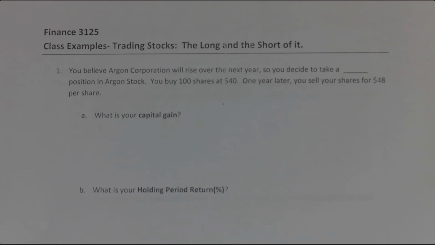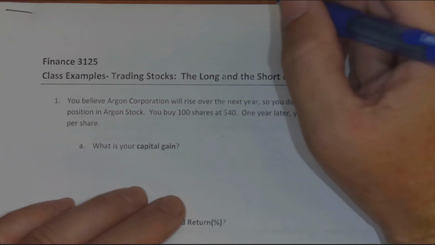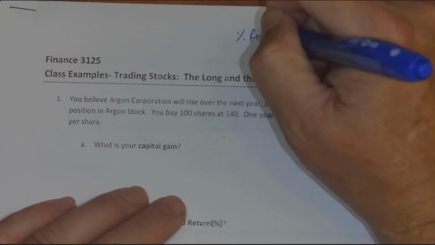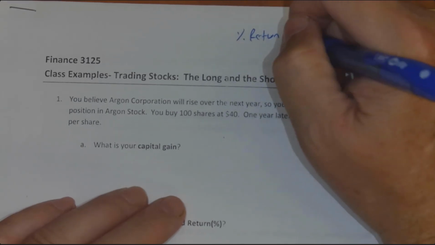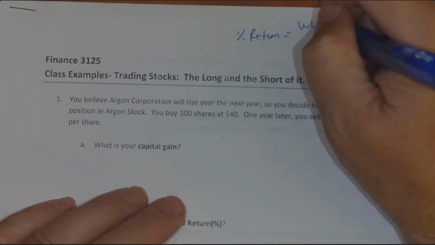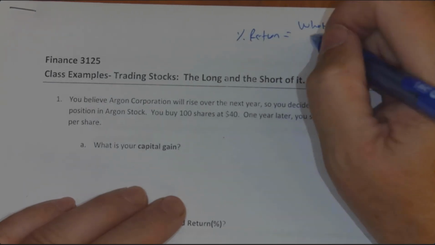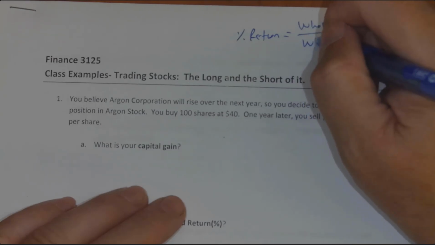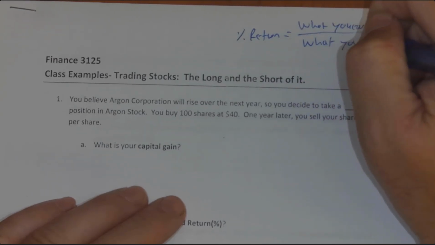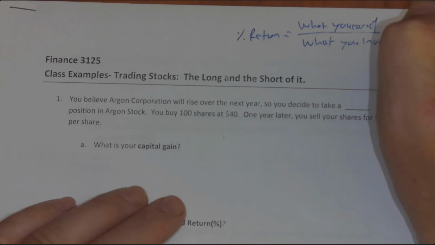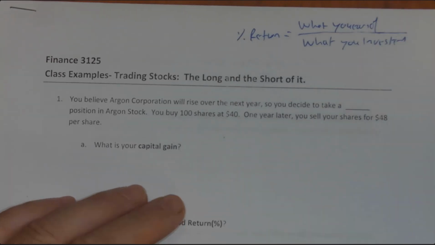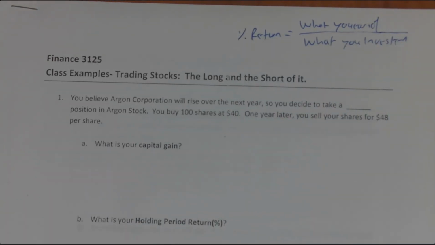Okay, so anytime we're talking about percent returns, they're always going to be what you earned divided by what you invested. Okay, and that's going to be the case anytime we're talking about percent returns.